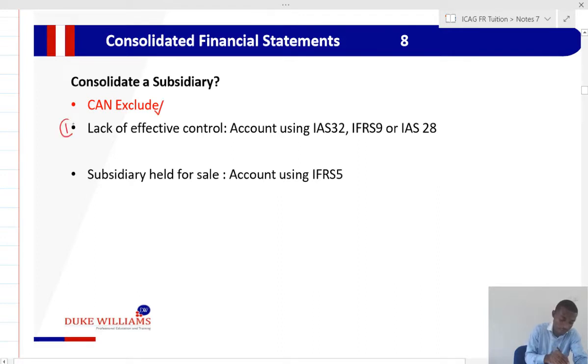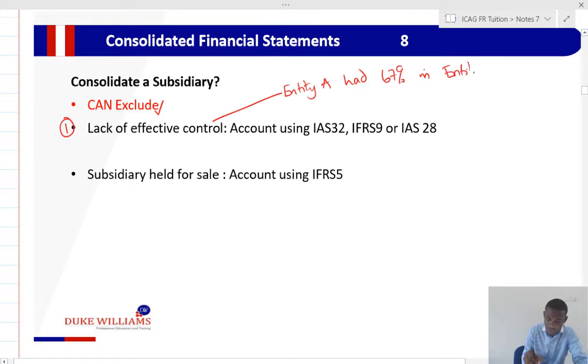One, where there is a lack of effective control. Now, what does it mean that there is a lack of effective control? It means that maybe entity A had 67% in entity B. Please pay attention to this example, very important.